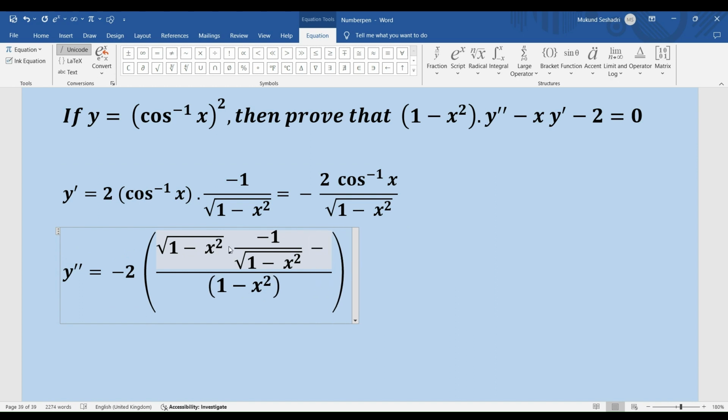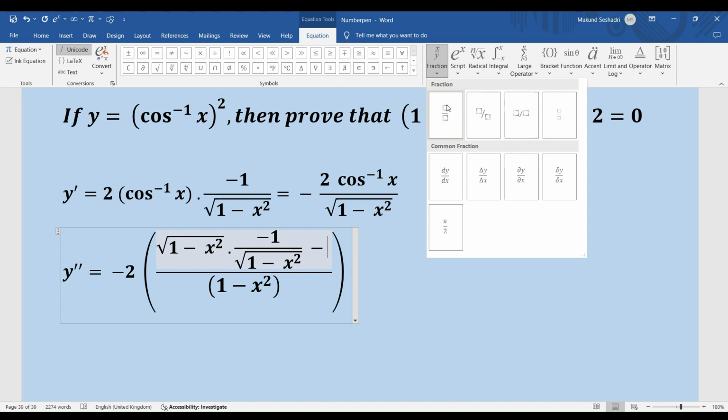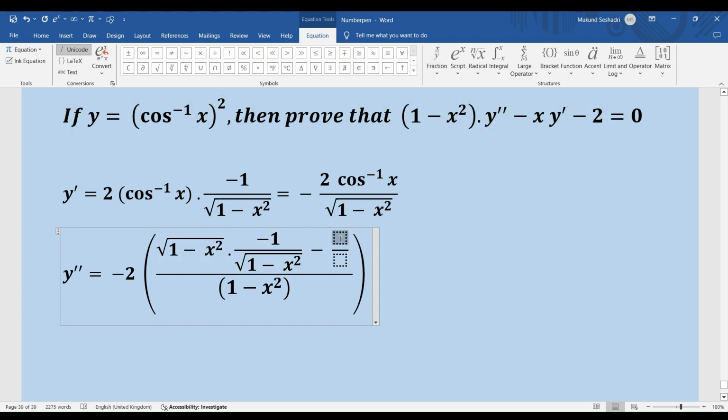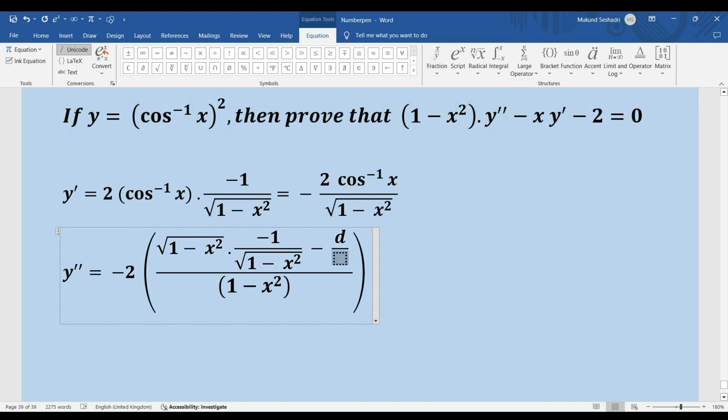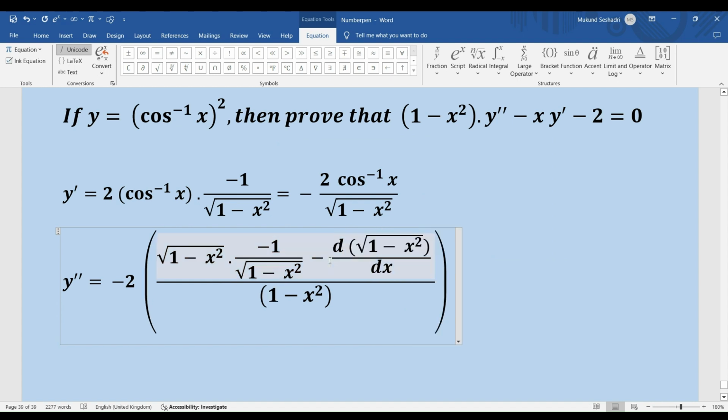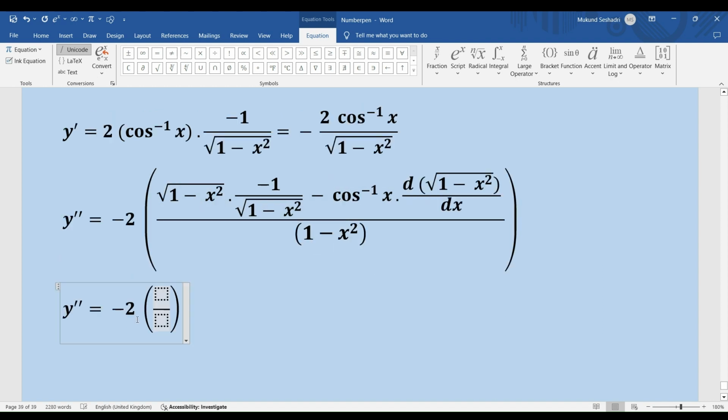And then I have a minus of, what do I do next? I do a d by dx of square root of 1 minus x square, right? So let's write that down because looks like we have to do this in two steps. Into, I retain the numerator as it is, which is my cos inverse of x, right?